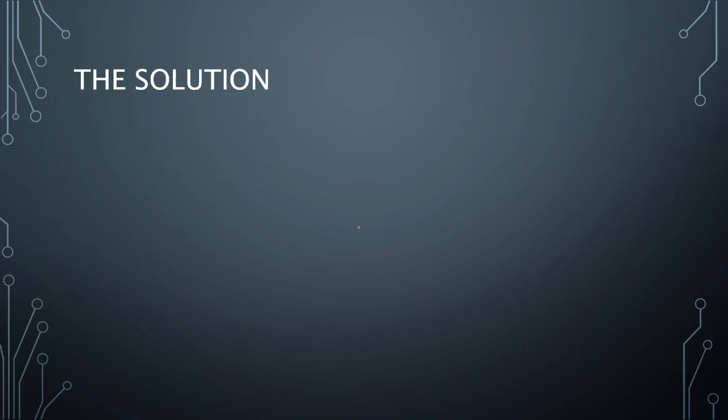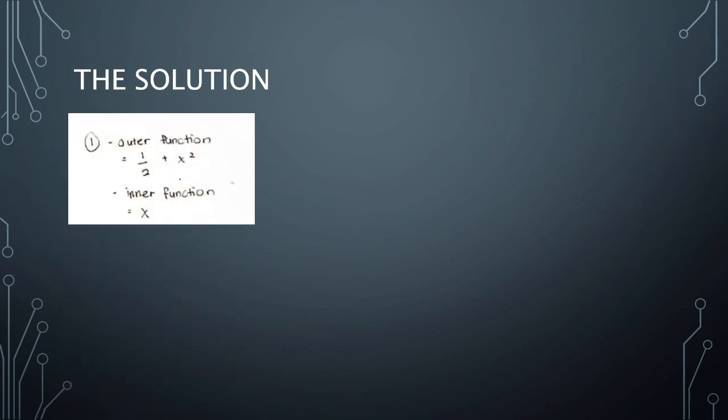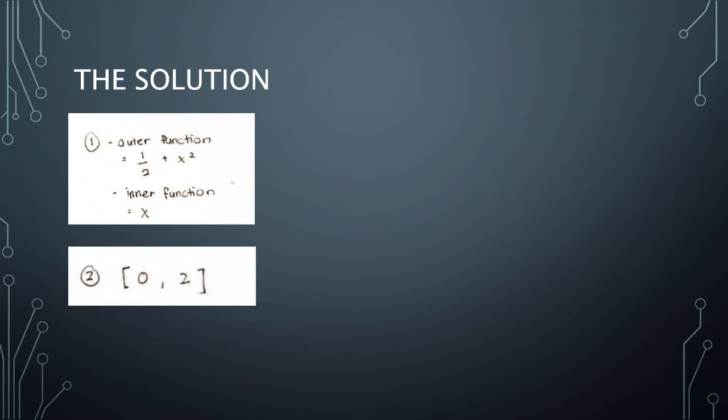First and foremost, we need to find the outer function and the inner function from the graph, which we already did. The outer function is 1 over 2 plus x squared, and the inner function is x. Next, we need the values on the x-axis, because it revolves around the x-axis, to be the limits for the integration. The values that we got from the graph are 0 and 2.